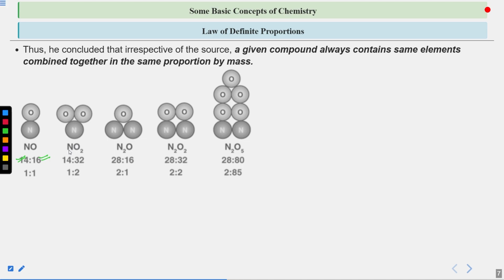In case of NO2, the nitrogen count is the same, but the oxygen count is increased by 1, so we are multiplying 16 by 2 to get 32. For the third one, we have 3 atoms where 2 are nitrogen, so 14 into 2, 28, where oxygen remains 16. Similarly, N2O2, both are multiplied by a factor of 2, 28 to 32. And N2O5, one is multiplied by a factor of 2, that is 14 into 2, and the other one is multiplied by a factor of 5, giving us 80.